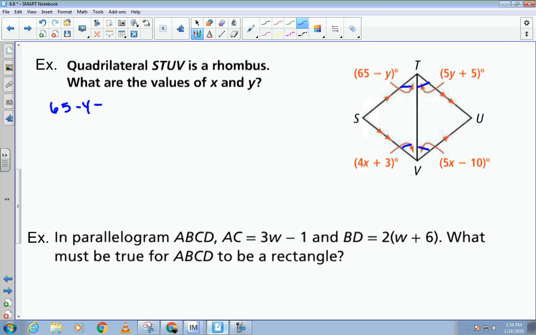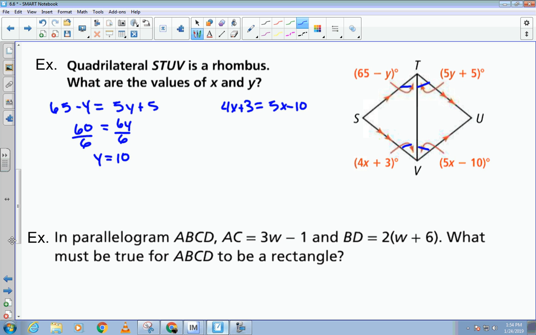25 minus y equals 5y plus 5 and 4x plus 3 equals 5x minus 10. So I'm going to add y to both sides, that gives me 6y. Subtract 5 from both sides, that gives me 60. Divide both sides by 6, and y is going to be 10.